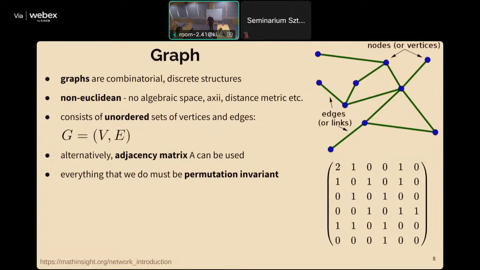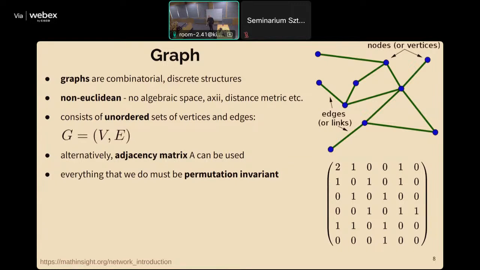There is no axis, no distance metric, no algebraic space. We basically cannot do anything from linear algebra or analysis on graphs. And this is extremely problematic, because no notion of distance, no notion of metric renders all classical algorithms totally useless. We cannot even do things like convolution or attention or anything like that on graphs.